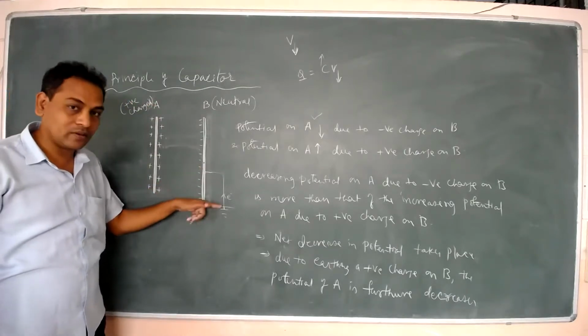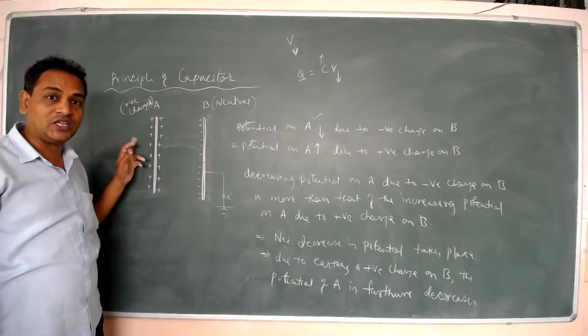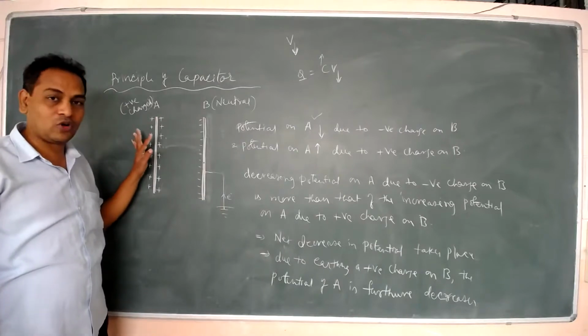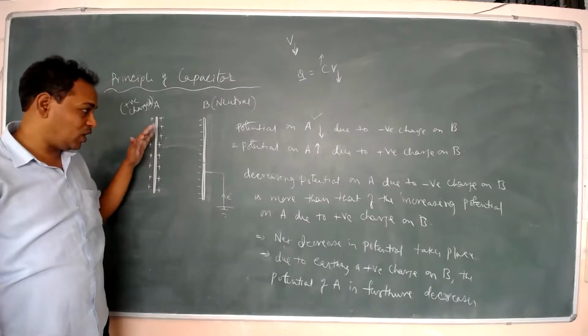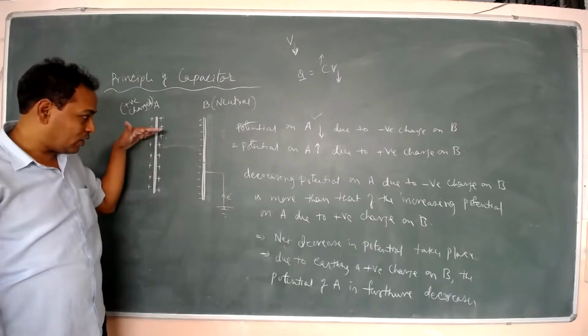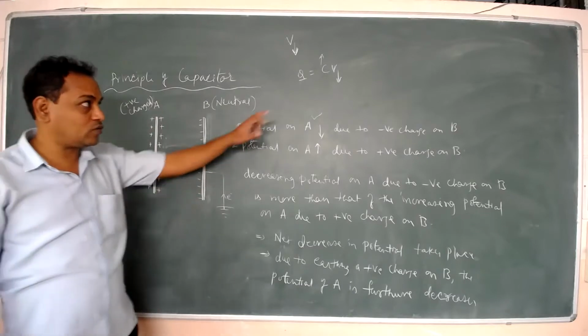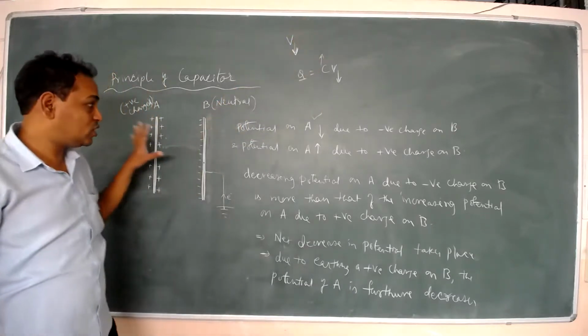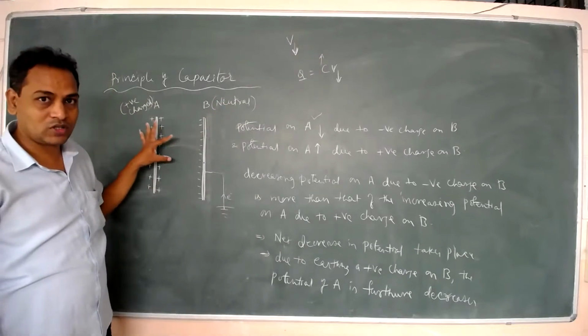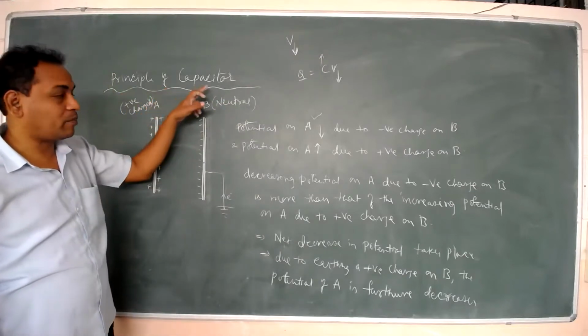How? By earthing, without altering any charge on it. On this, I have not altered any charge. The charge is remaining as it is. Simply by this mechanism, I have decreased its potential. Because of this formula, the capacitance of this conductor increases. So this process is called the principle of a capacitor.